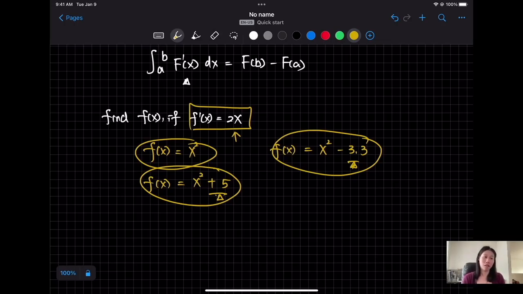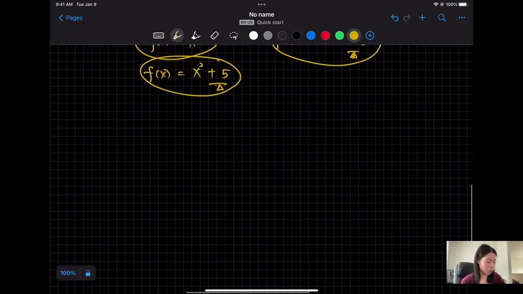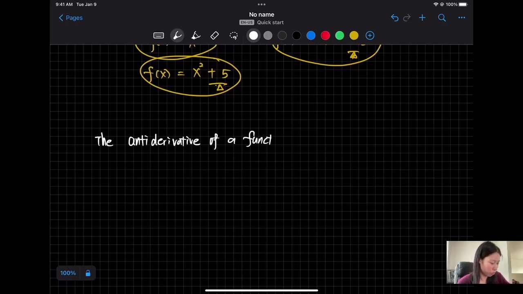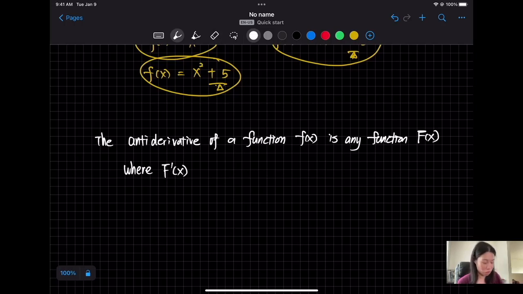So the antiderivative of a function f of x is any function F of x where F prime of x, the first derivative of the original function, is the lowercase f of x.